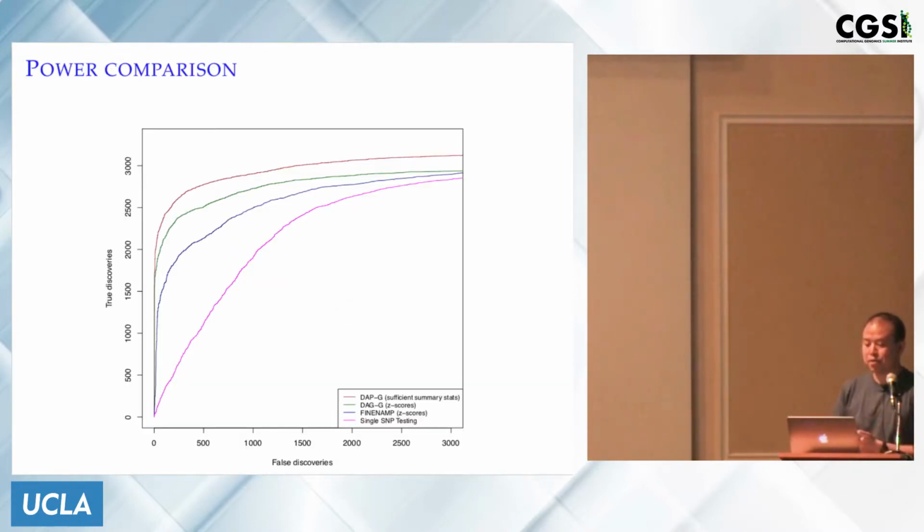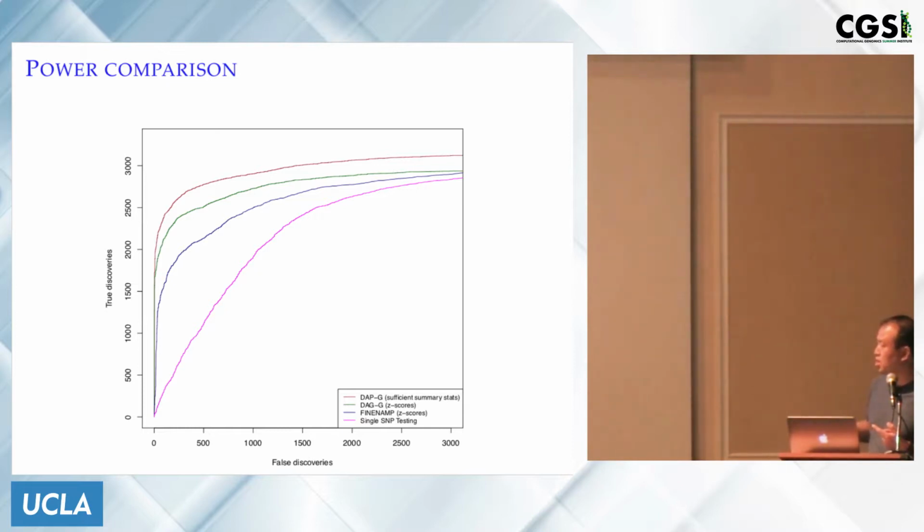We compare with a state-of-the-art MCMC program called FineMap. It uses summary level statistics, Z statistics and R, the correlation. So this is a ROC curve, but constructed in the meaningful range.